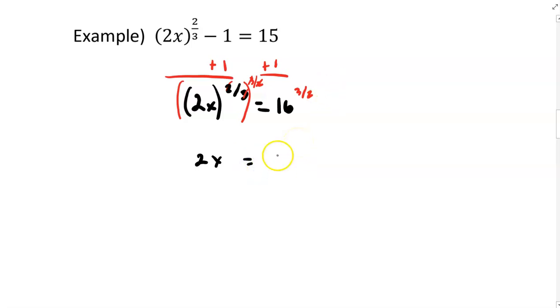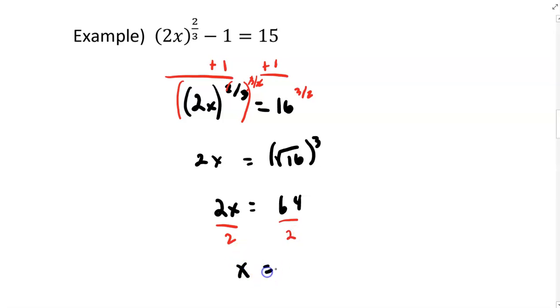And on the right-hand side, we get square root of 16 raised to the power of 3, which gives us 64. And then we'll divide by 2, giving us x is equal to 32.